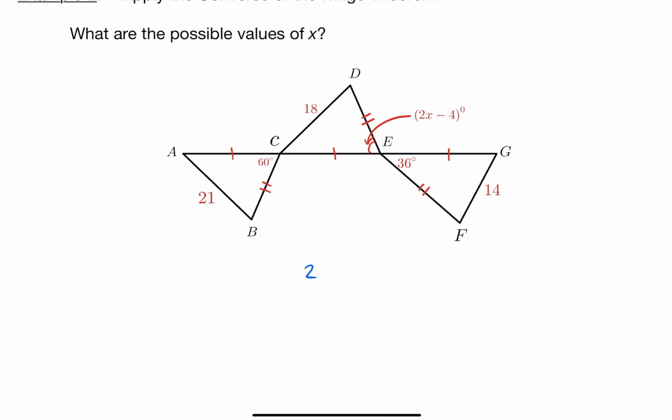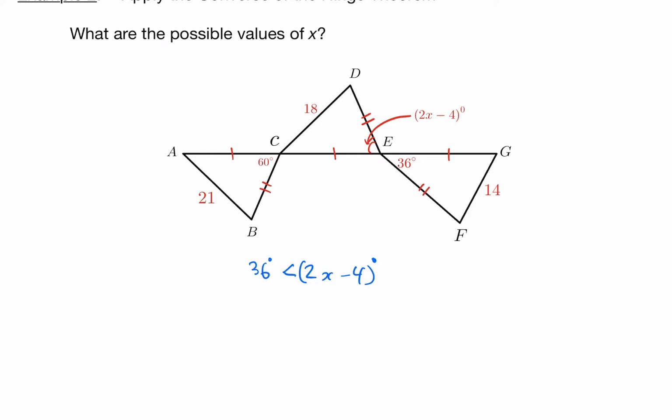So we know that this angle is going to be greater than this angle, or this 36 is going to be less than that. So we can establish that relationship by saying 2x minus 4 is greater than 36 degrees.